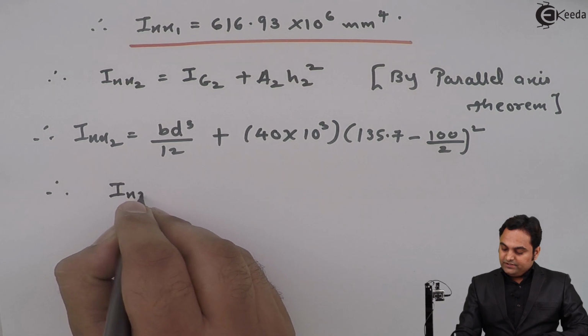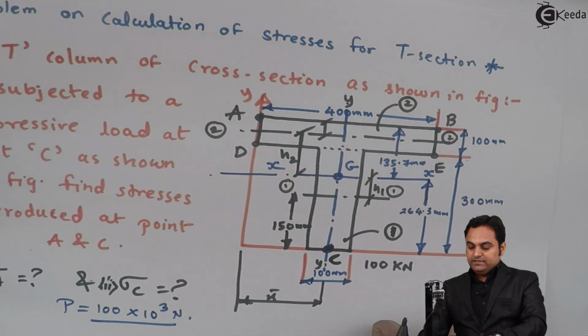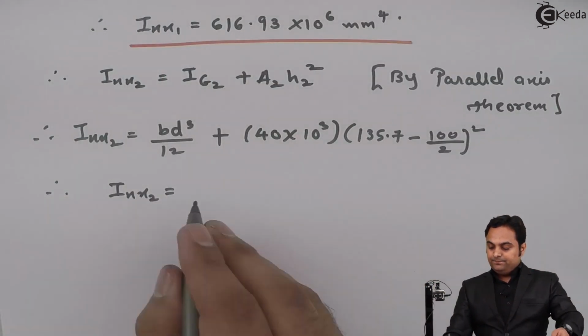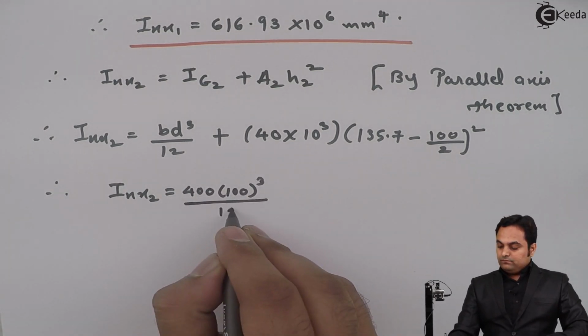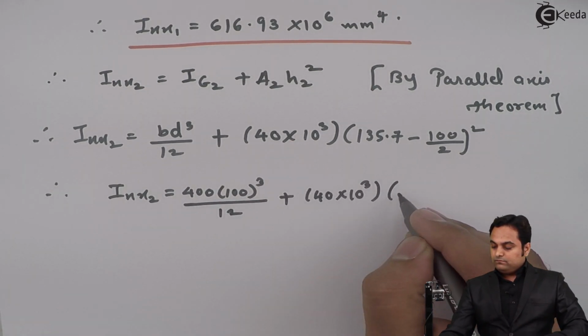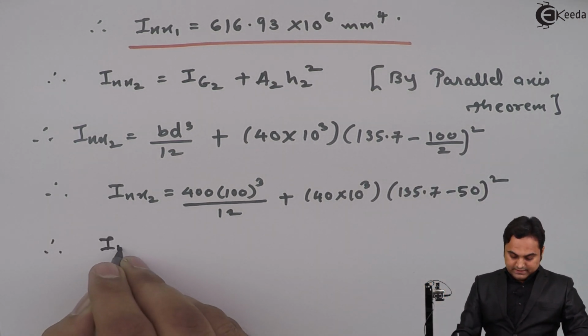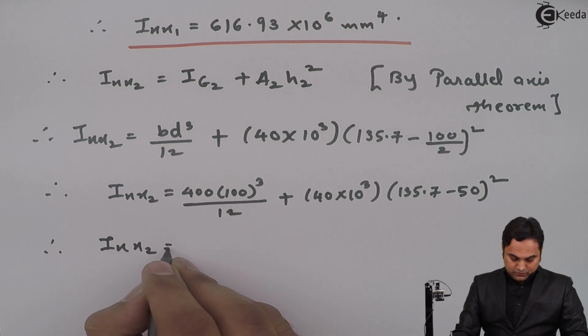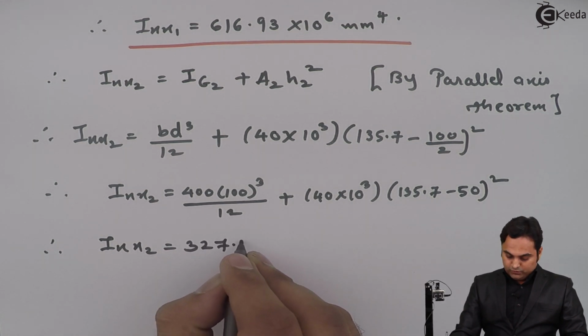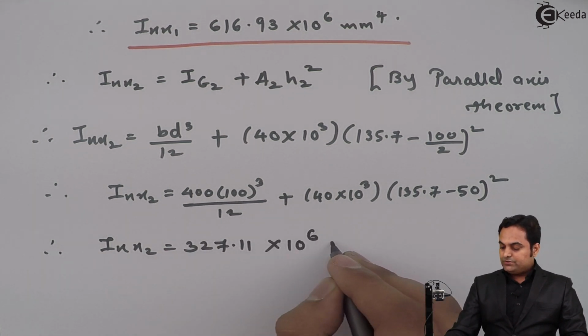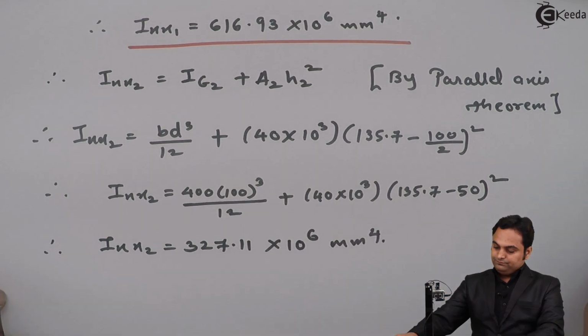Here for the second rectangle, B is 400, D is 100. Calculating this throughout, I'll get Ixx2, which is 327.11 into 10 raised to 6 mm raised to 4.